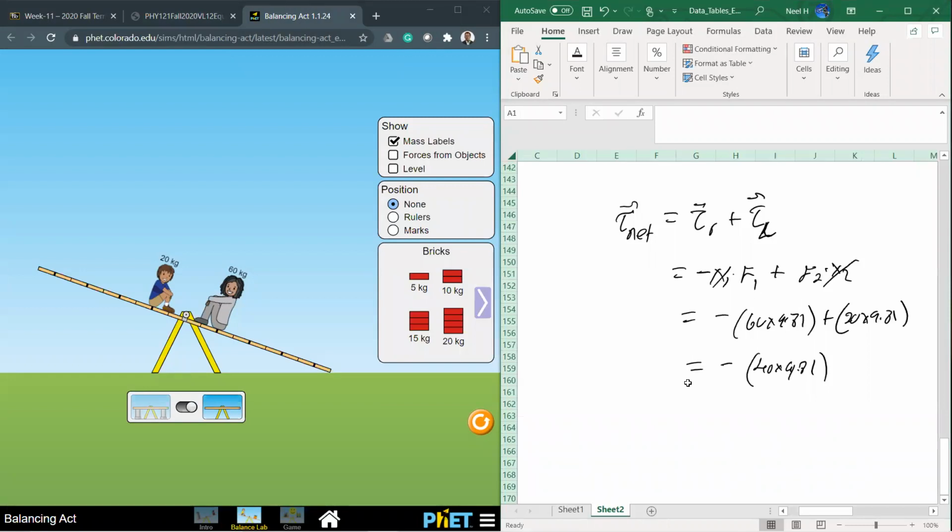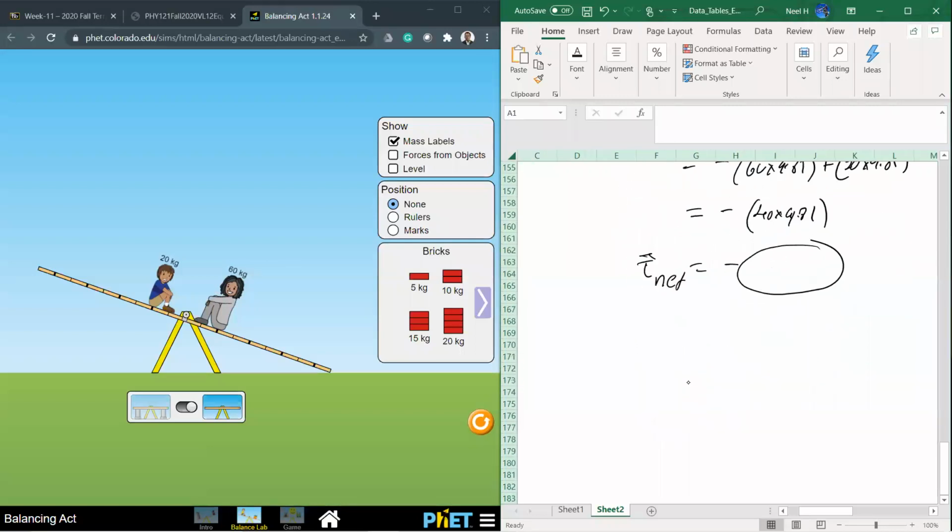So what we should do? To have the torque net here. Torque net is actually force times the displacement, right? So I can argue that this is equal minus, if you multiply these two together, about 40 times 9.81, that is about 392.4.